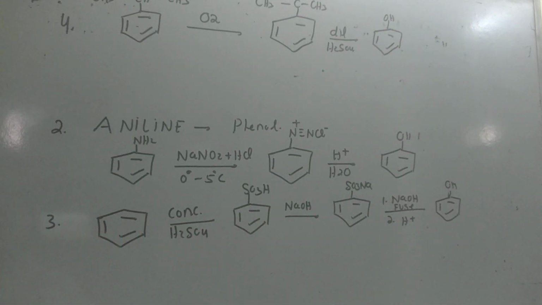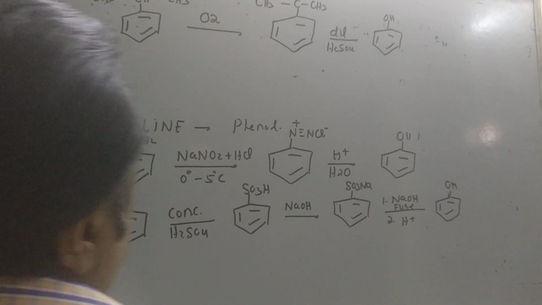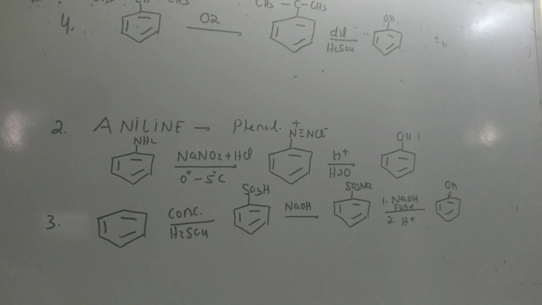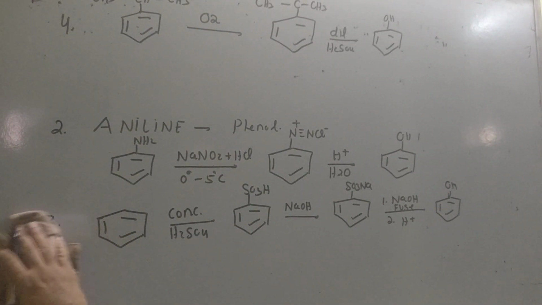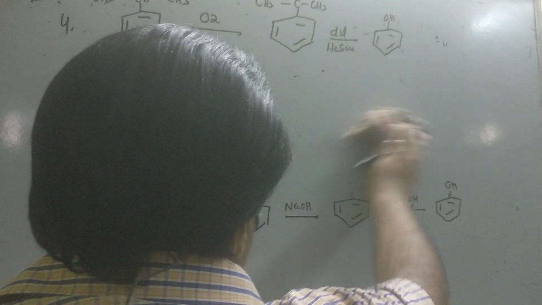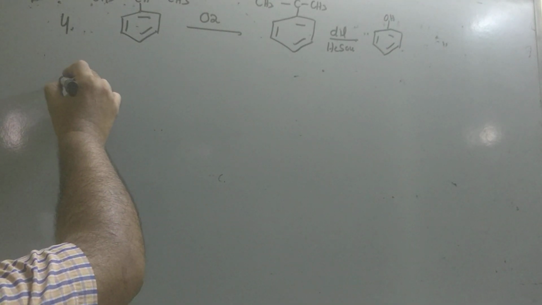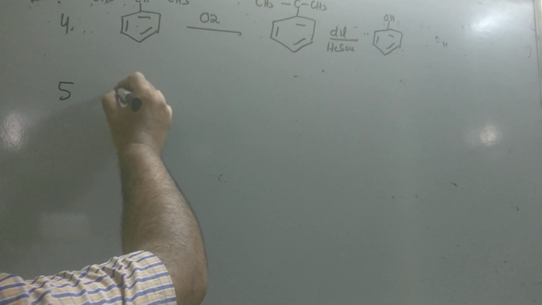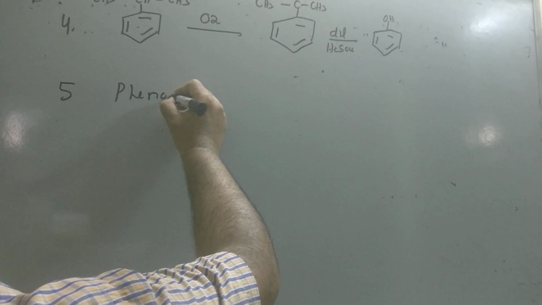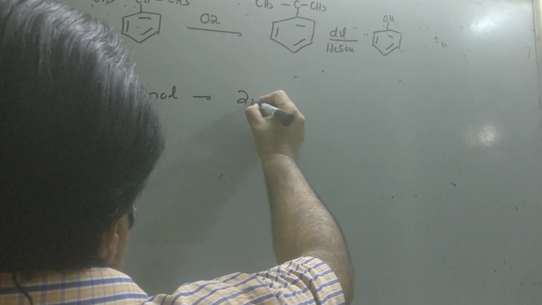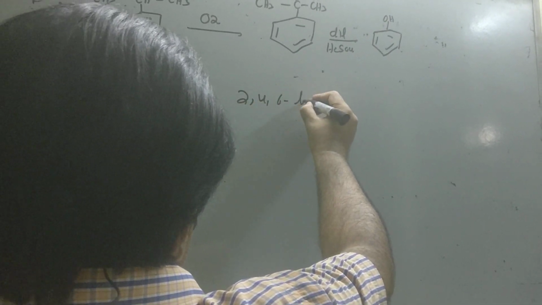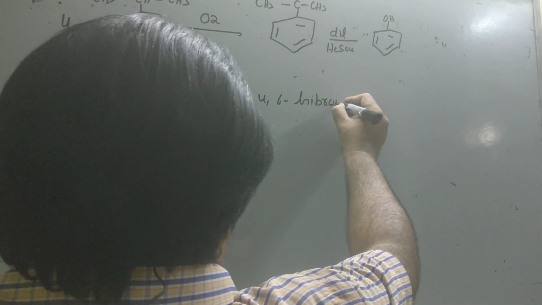So that was the fourth question of converting cumene into phenol. Simple revision of the cumene process. You will find all the conversions given in the write-up, but actually just to revise the phenol reactions we have done. The fifth question was nothing but converting phenol into 2,4,6-tribromophenol. This we have seen just now.